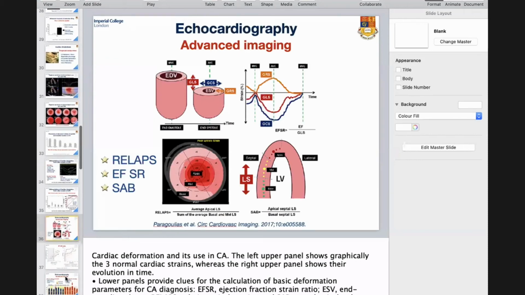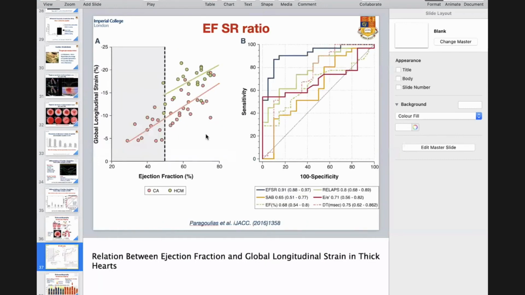So that's another important study that shows the relationship between ejection fraction and global longitudinal strain in patients with hypertrophic cardiomyopathy, which is a prelude for the next talk, versus the red dots, patients with cardiac amyloidosis.